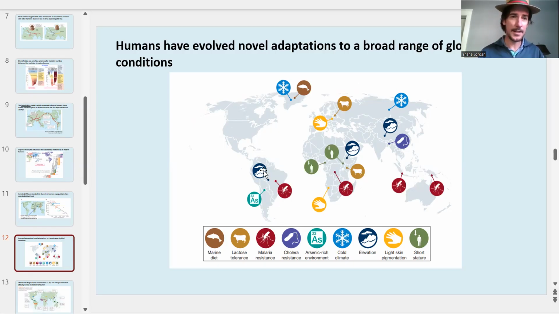So these are just a few examples. I guess we could also look at adaptation to high elevation. We have the Andes Mountains in South America, which reach to, I'm going to use feet here because I can't do the calculation off the top of my head, about 23,000 feet in height, and human societies have been distributed close to the peak of these mountains for quite a long time.